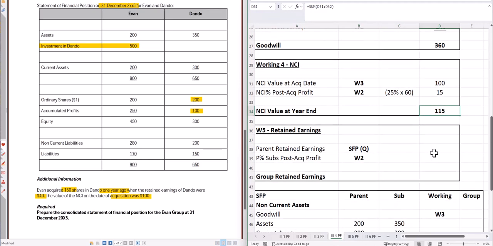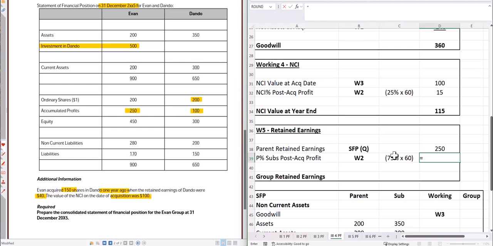The retained earnings, well, the statement of financial position for the parent tells us that there were accumulated profits or retained earnings of 250. And then we give them their share of the post-acquisition. So that's 75% of the 60.